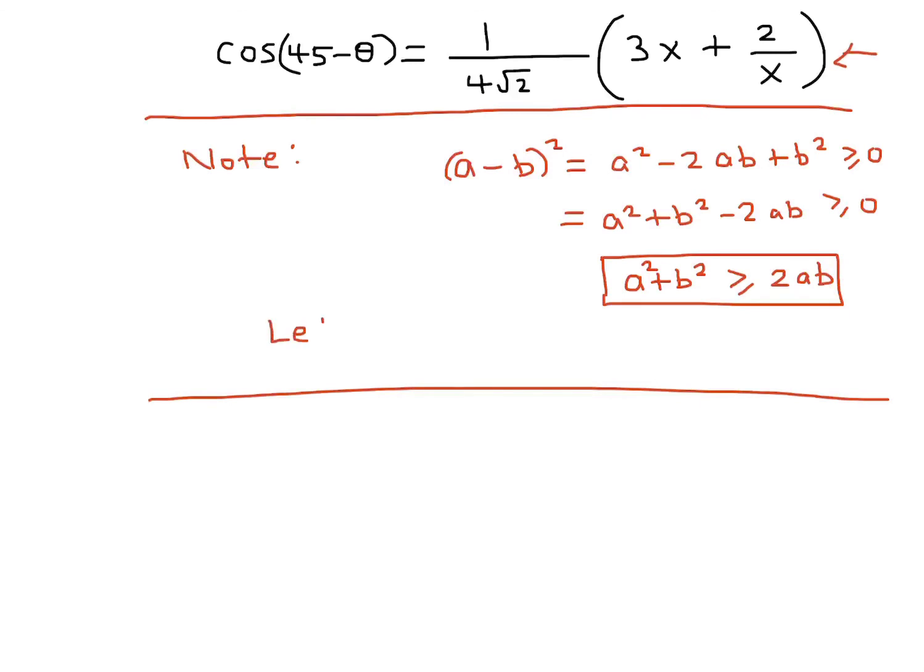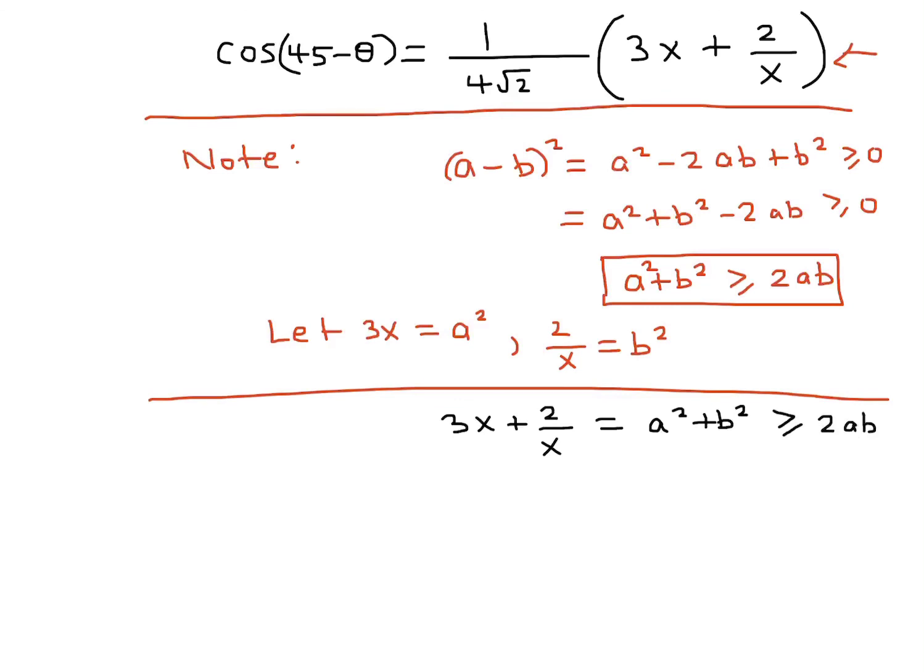How? Well, by letting 3x equal a squared, this guy, and letting 2 over x equal b squared, this guy. And if you do that, a little bit of magic happens. We basically get the following, that this 3x plus 2 over x, which we set as a squared and b squared, is greater than or equal to 2ab, just like how we have up there.